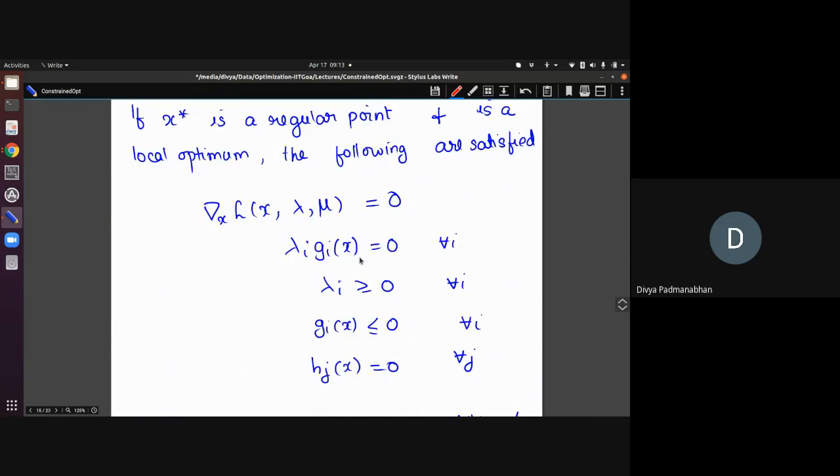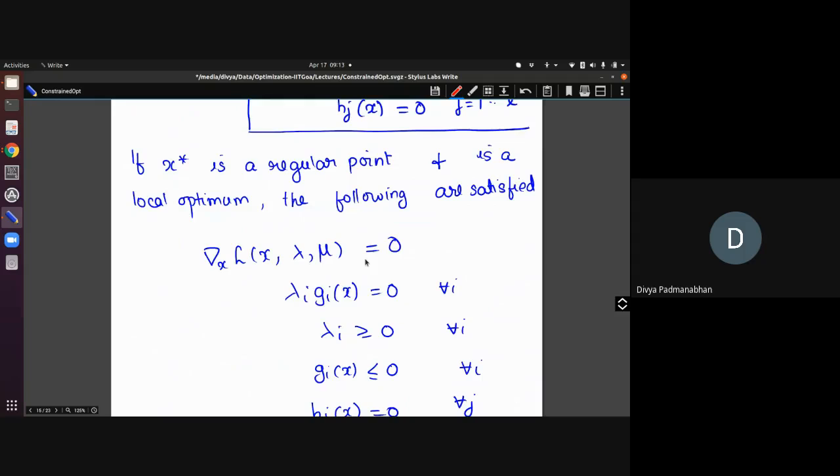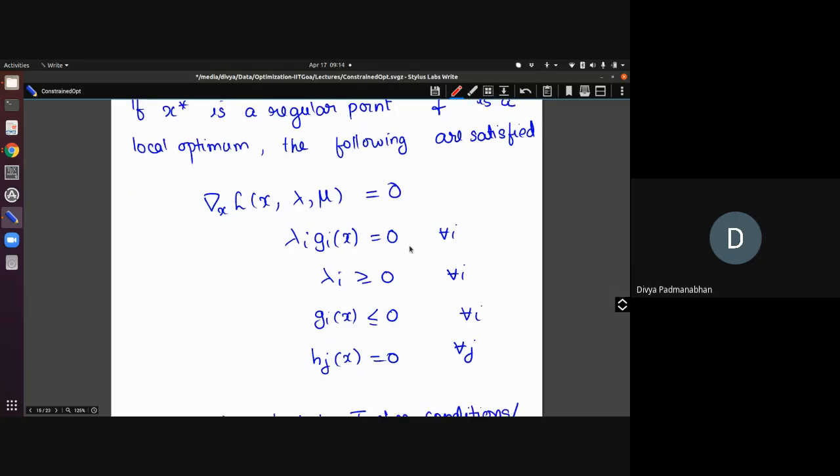Remember, in the case of unconstrained optimization, there was no notion of a regular point. There were no constraints by default. So there, if you had a local optimum, then it was just gradient of f equals 0. Now the difference is in constrained optimization: if x star is a local optimum, additionally if x star is a regular point, only then you can be sure that these conditions will be satisfied.